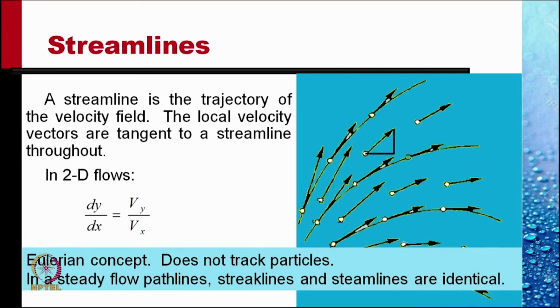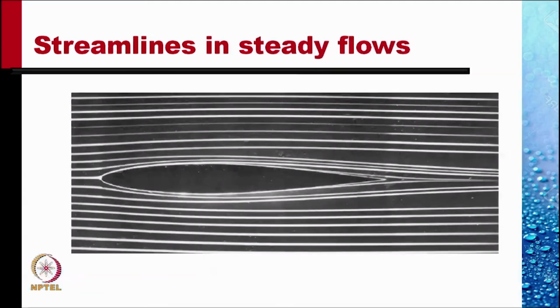In a steady flow, path lines, streak lines and streamlines are identical. But when the flow is unsteady, these could be very different. This picture shows the streamlines in a steady flow. In fact, these are streak lines.